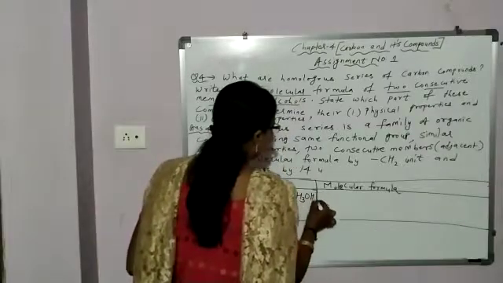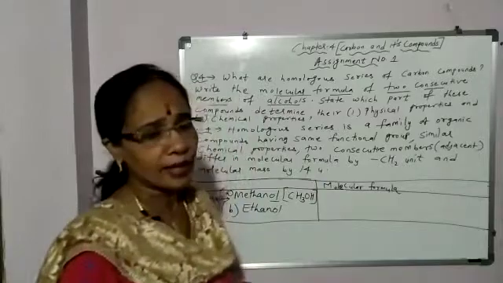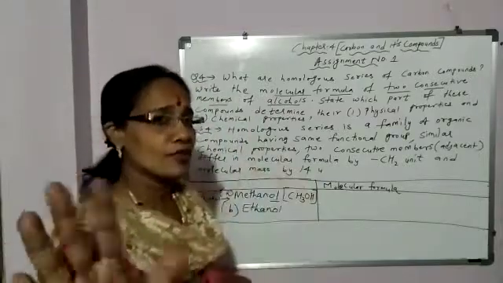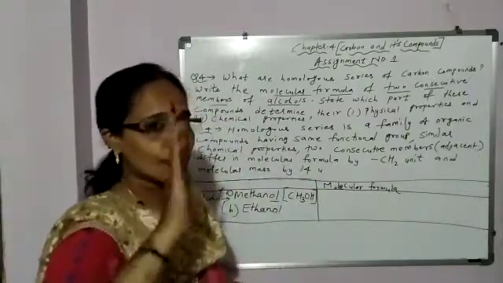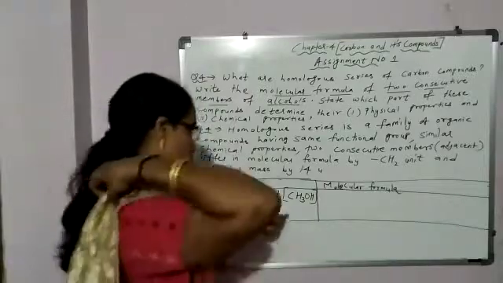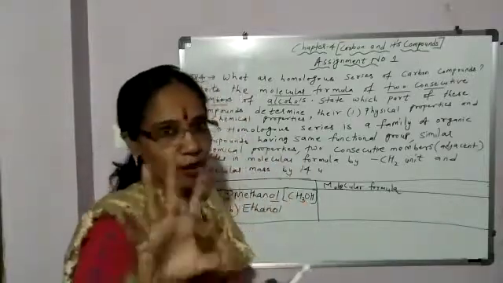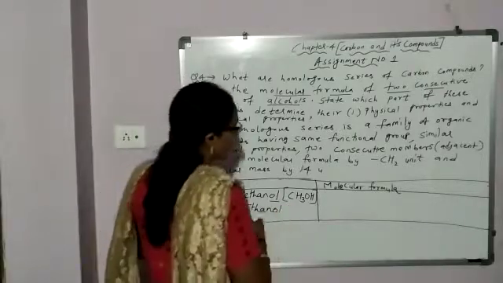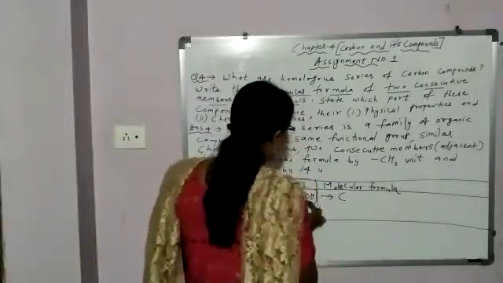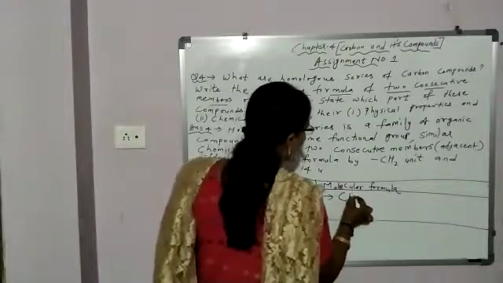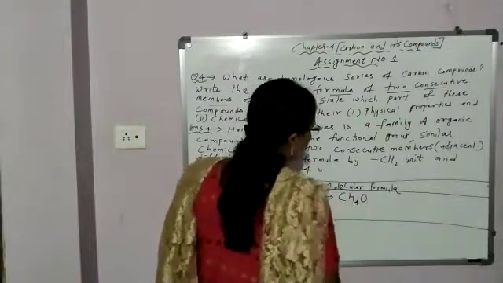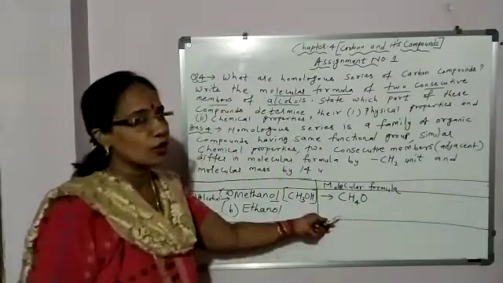Or directly you can think alkane, first alkane, methane, CH4. Remove H, add OH. So CH3OH, methanol. Now molecular formula, actual number of atoms of each element you have to represent. So how many carbon? 1. C. How many hydrogen? 3 plus 1, 4. And how many oxygen? 1. CH4O. This becomes the molecular formula.